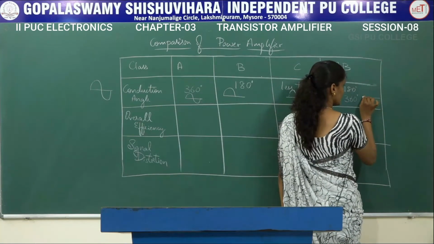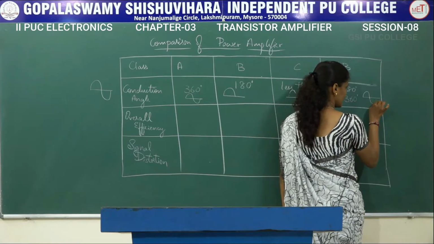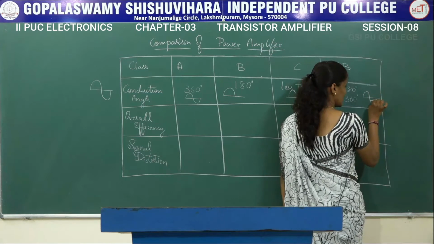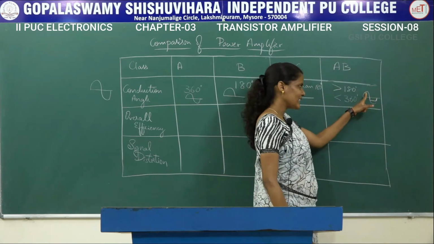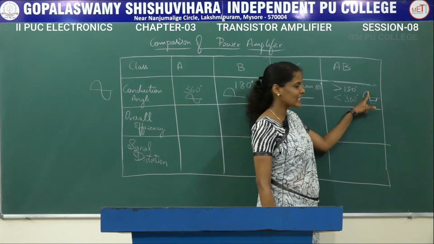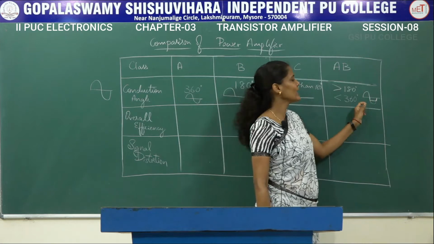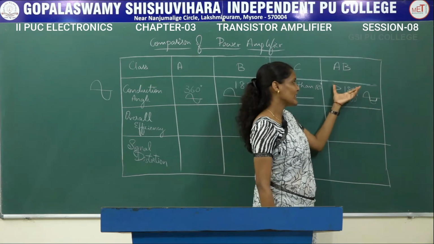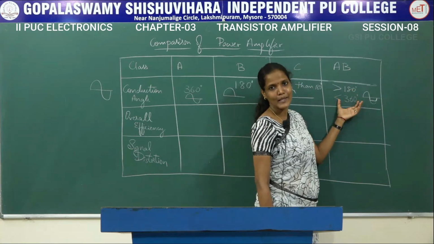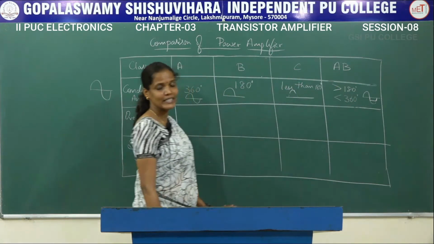It will be something like this. More than 180 degree, that is, the entire positive half cycle is appearing, but in the negative half cycle a small portion will be distorted or eliminated.